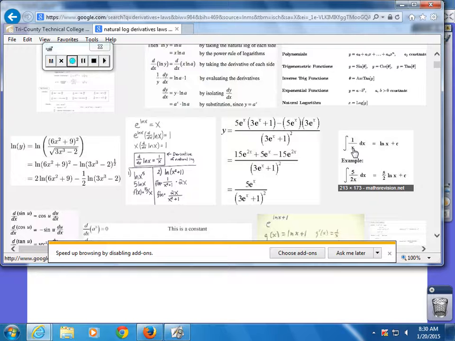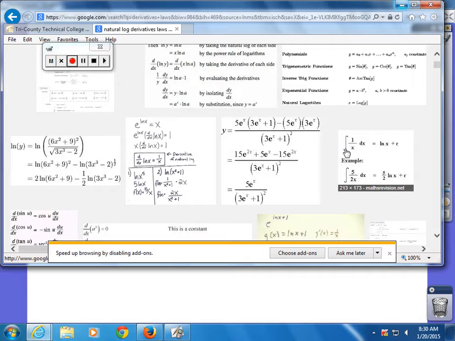So you have the derivative over the what? Over the function, right? Derivative over the function is what? Natural log of that function. Okay? This goes backwards. The antiderivative, derivative is the same way. So, if you take the derivative of natural log, what will you get? 1 over x. Got it?